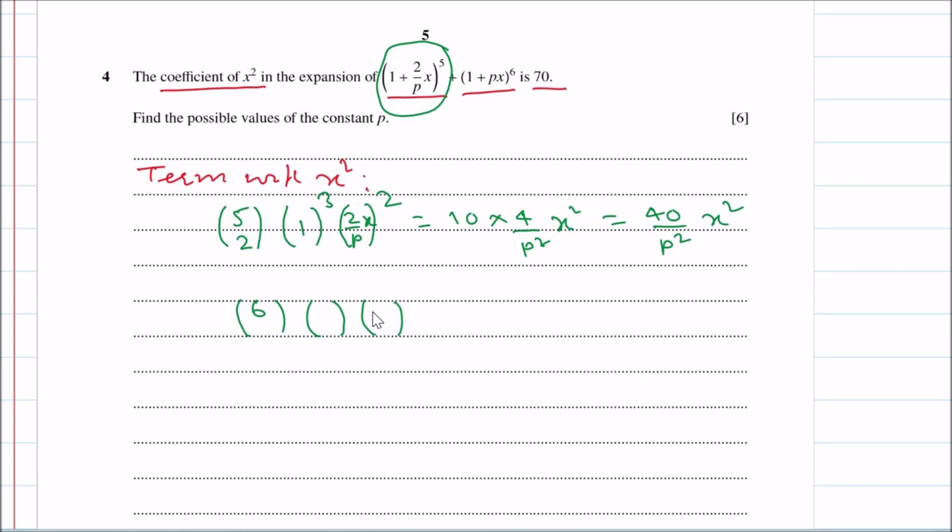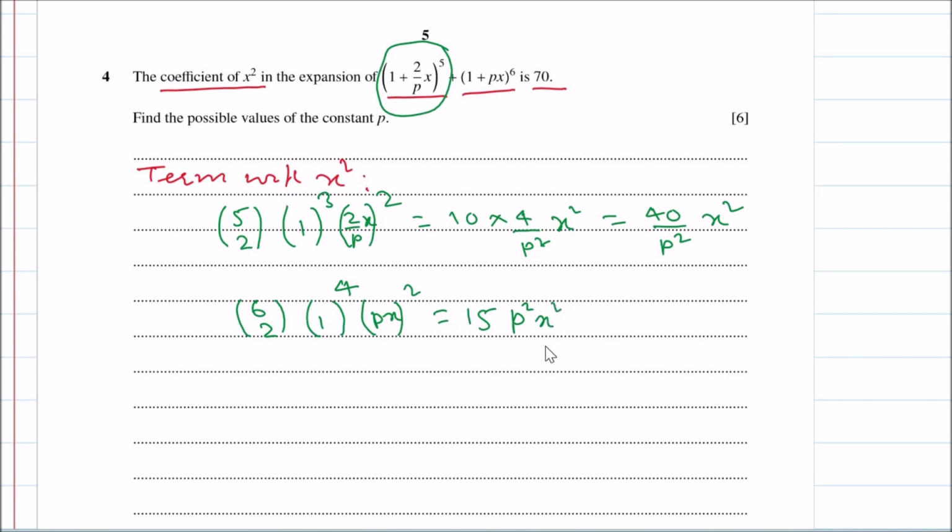So let us put px here, and here we have 1. Now a square should come here because we want x square. Now 6 minus 2 gives us 4, so 4 will come over here, and here comes 2. Now 6c2, if you simplify, we get 15. Now 1 to the power 4 is 1, so no need to mention it here. p square x square, so we get p square x square.